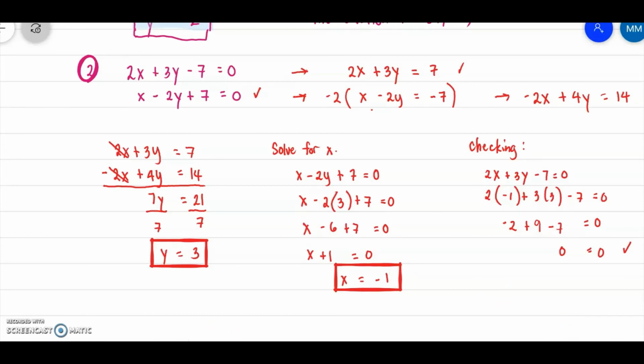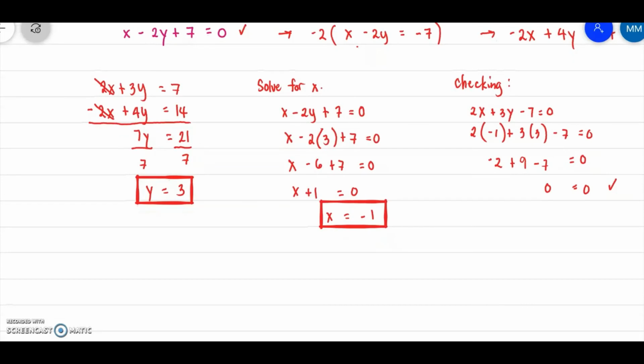Now let's go to our second equation, that is x minus 2y plus 7 equals 0. So x here is negative 1 minus 2 times 3 plus 7 equals 0. So negative 1, negative 2 times 3 is negative 6 plus 7 equals 0.